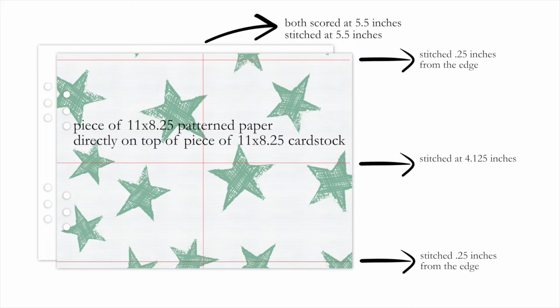They are also scored at 5.5 inches and then stitched at the 5.5 inches. And then the same thing for the sides, 0.25 from the top, 0.25 from the bottom, and then right down the middle. And that white cardstock is there so that it will create a pocket. And you'll see when I am showing you how I put it together that I need to have 4 pockets.